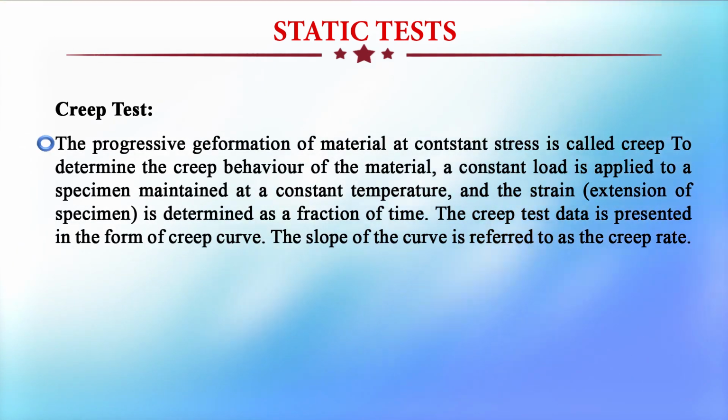Then next comes the creep test. The progressive deformation of material at constant stress is called creep. To determine the creep behavior of the material, a constant load is applied to a specimen maintained at a constant temperature, and the strain is determined as a function of time.